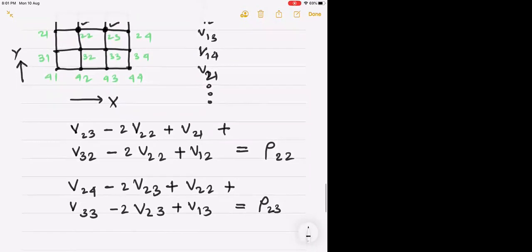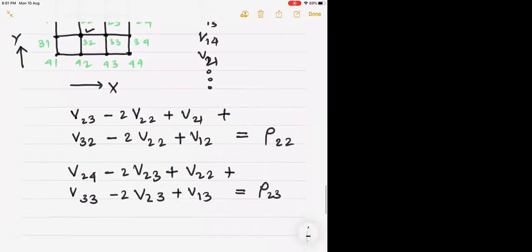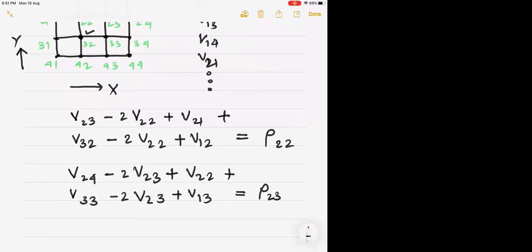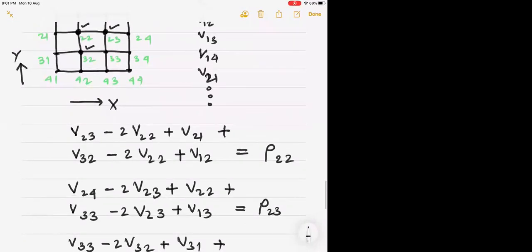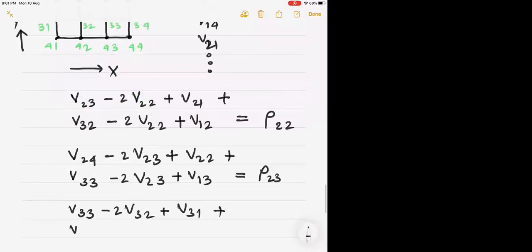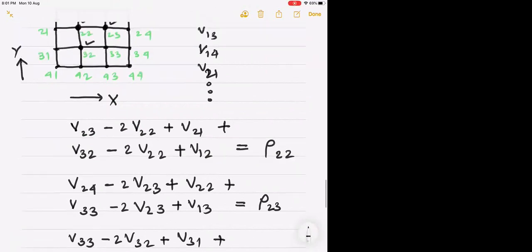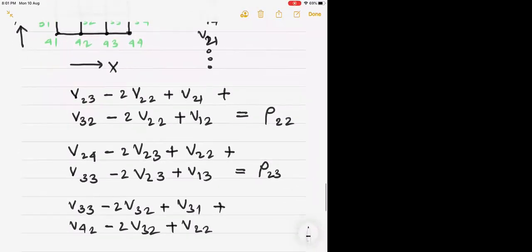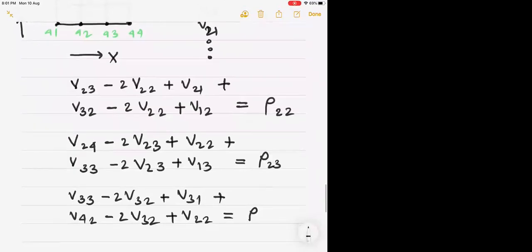Now, if I want to apply it at this point, what I'm going to get is V33 minus 2 times V32 plus 1 times V31, plus V42 minus 2 times V32 plus V22, must be equal to rho at the point 32.